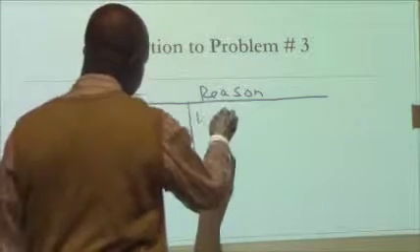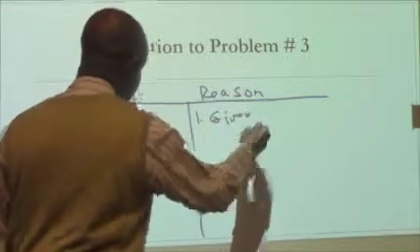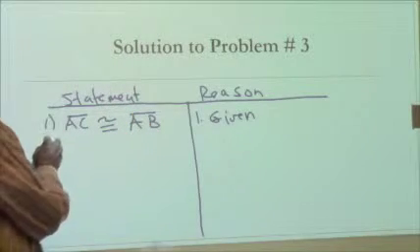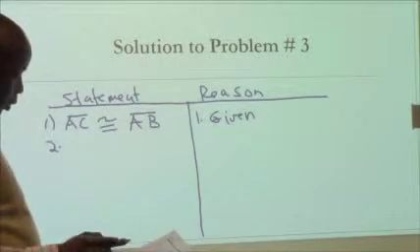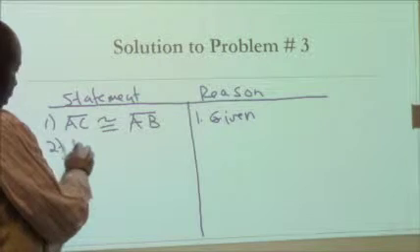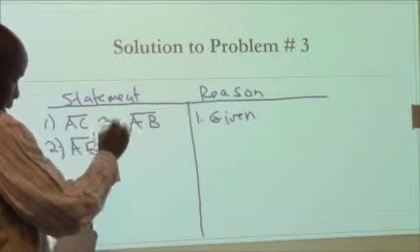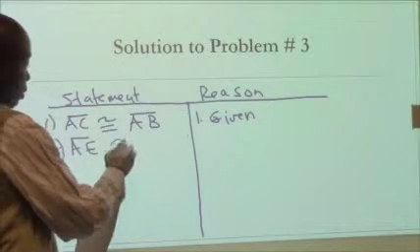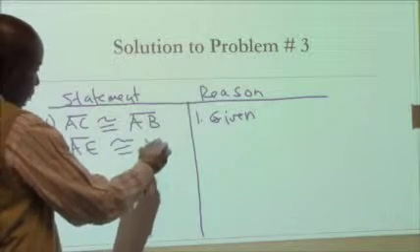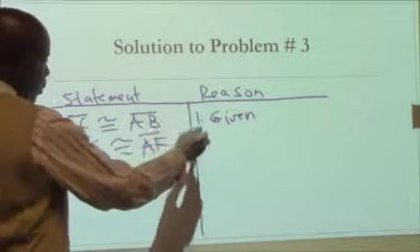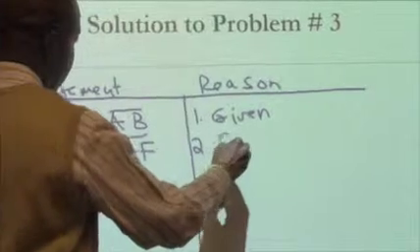That's the given information, no other reason but the fact that it was given. Secondly, we're told also that AE was congruent to AF. No other reason for this other than it was given to us.